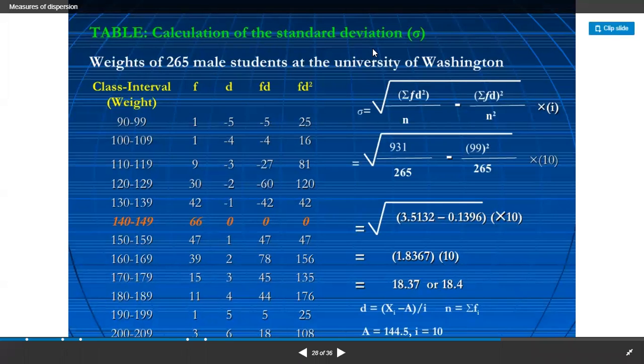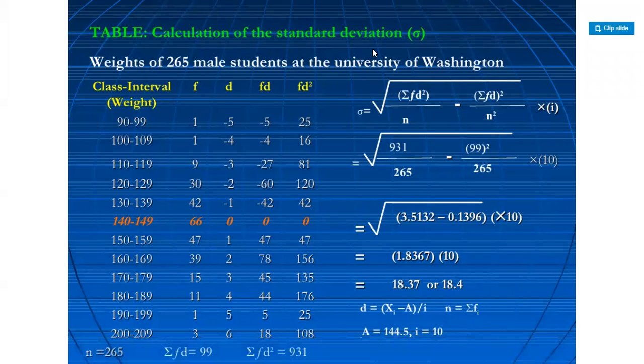To understand the standard deviation, we take this example. The class intervals are given here from 90 to 99, 100 to 109, 110 to 119 and so on, in an exclusive series. The weights of 265 male students at the University of Washington are taken here.